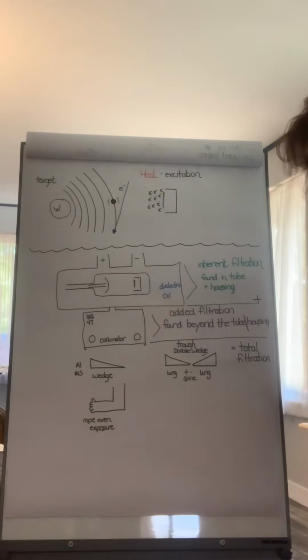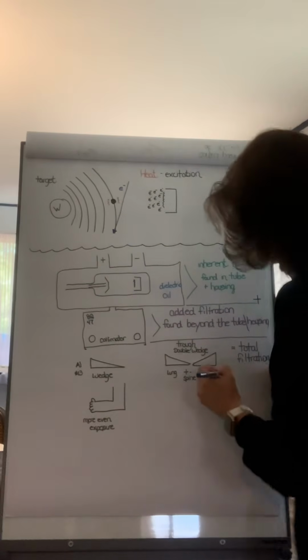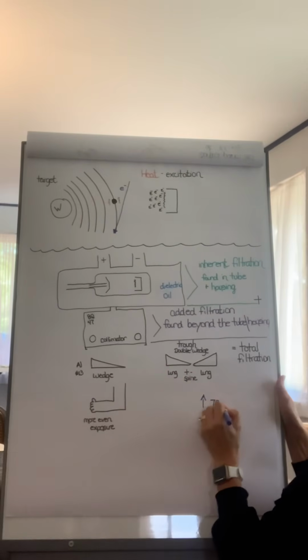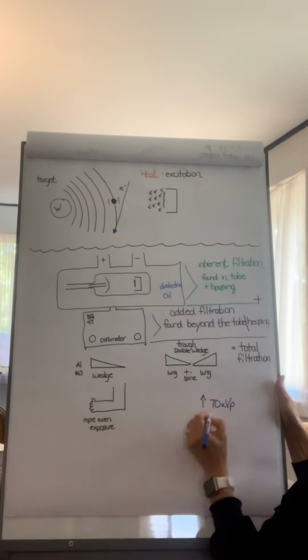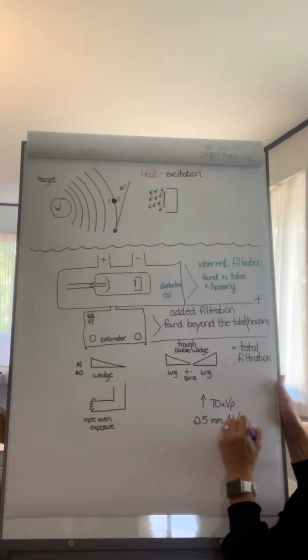And remember, we said that total filtration on a general purpose tube, if you are operating above 70 kVp for the most part, needs 2.5 millimeters of what they call aluminum equivalency.